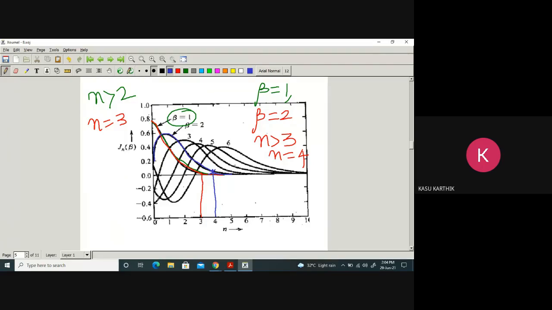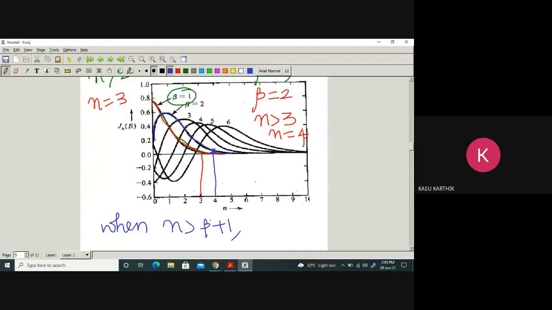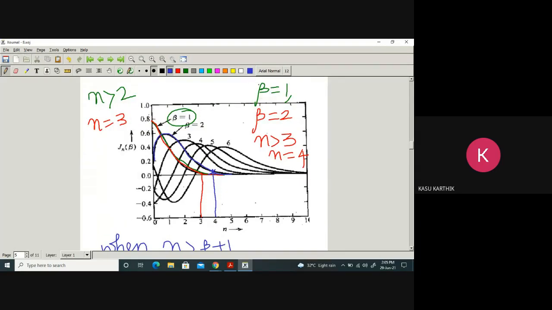So what I want to say here is, when n is more than β plus 1, observe very carefully. Suppose β equal to 1, what is β plus 1? 2. When n is more than 2, suppose you take n equal to 3, what is this curve when β equal to 1? It is insignificant, almost 0.